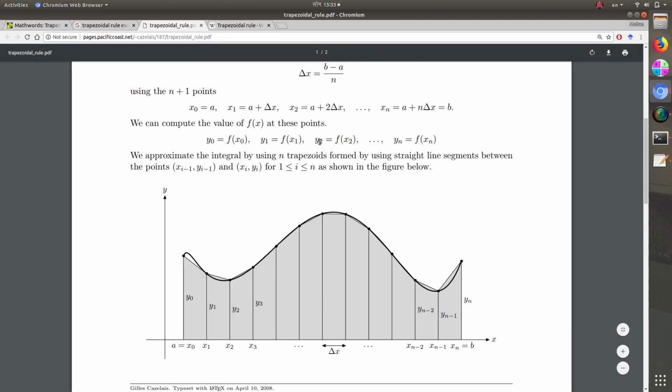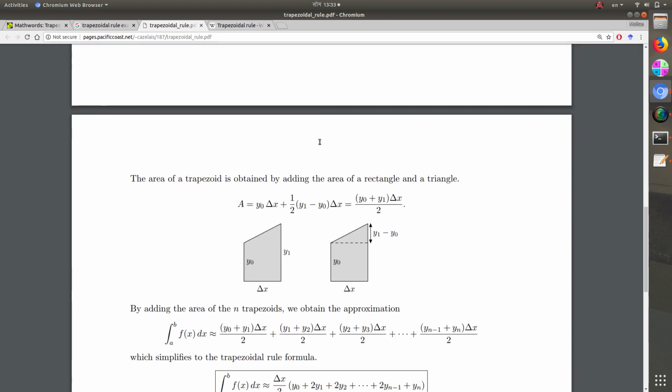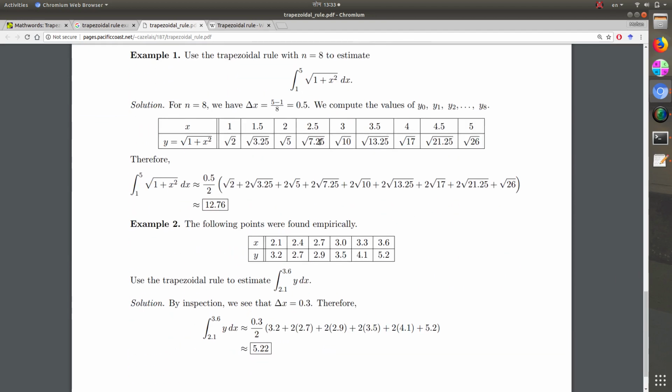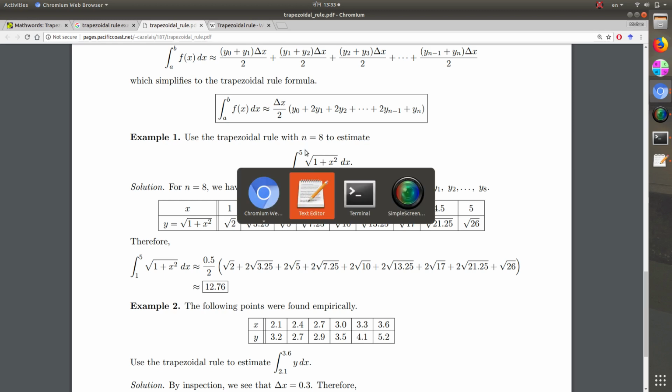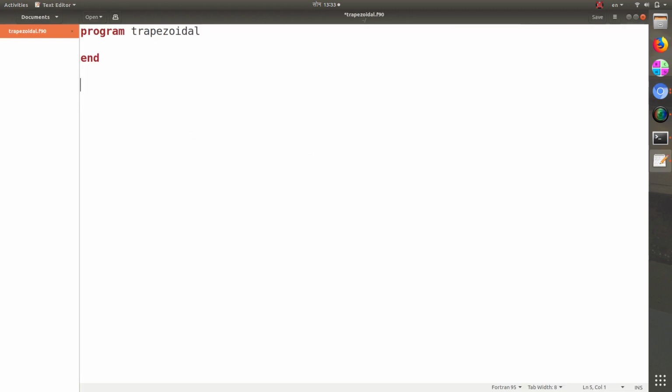I already talked about this formula, so let us take one example. This is our formula, this is our function: root under 1 plus x squared is our function. We want to integrate this between 1 to 5. Let me define the function first.